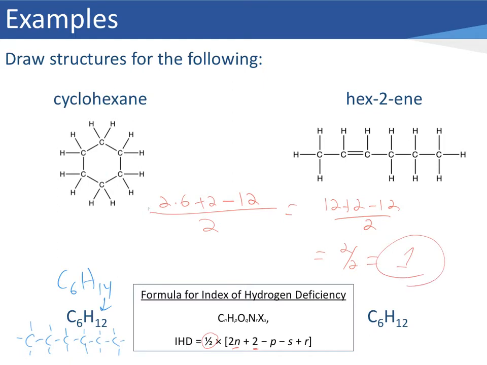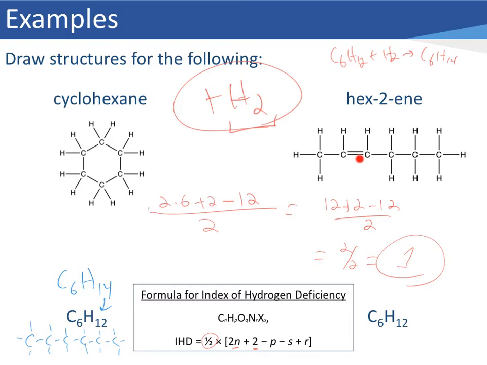So these 2 compounds have an index of hydrogen deficiency of 1, which means that they are missing 1 H2, or if I were to have a reaction of hex-2-ene with hydrogen to make the fully saturated compound that had all the hydrogens in a linear chain or in a non-cyclic chain, I would need to add 1 H2 molecule.